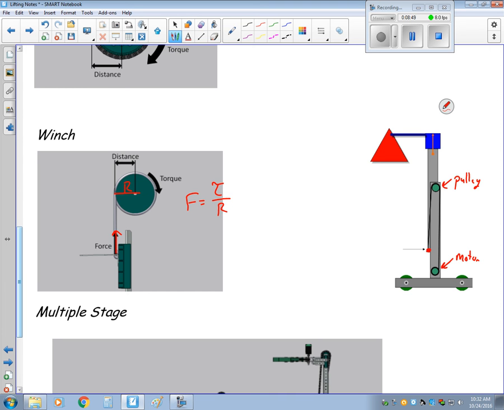So as this motor turns, it wraps up that string. You're pulling down with a force on the string, which then picks up on the other part of the string with the same force. So that'd be one way you could use the pulley system, and that would pick up your elevator style.